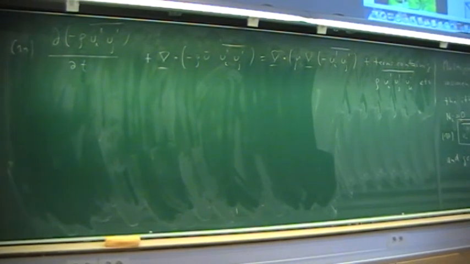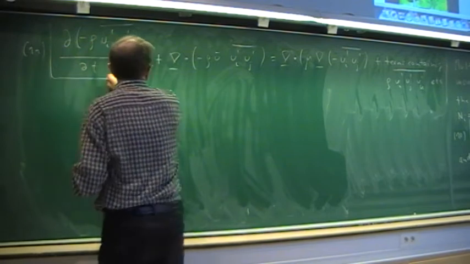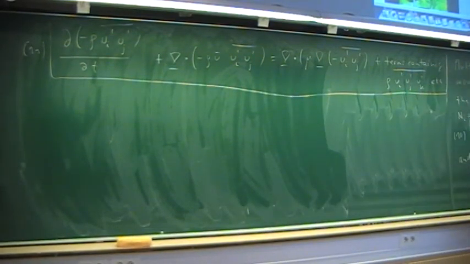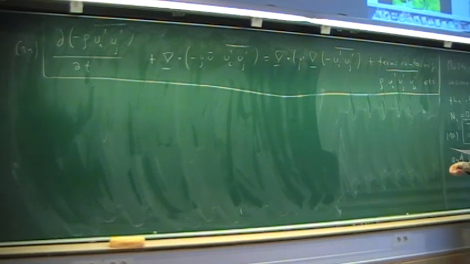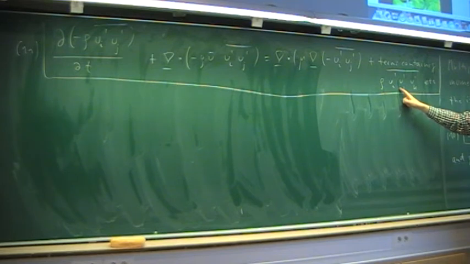So it gets complicated. The good thing is that we have here a transport equation, and we know how to treat transport equations now. But the problem is these terms here. They have to be modeled.